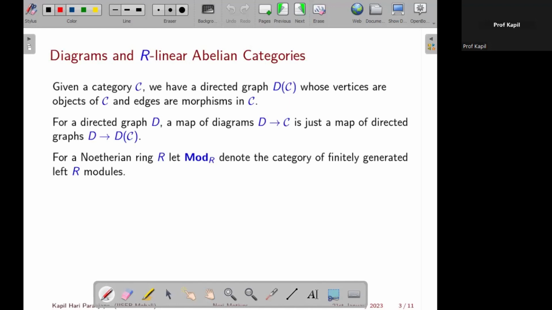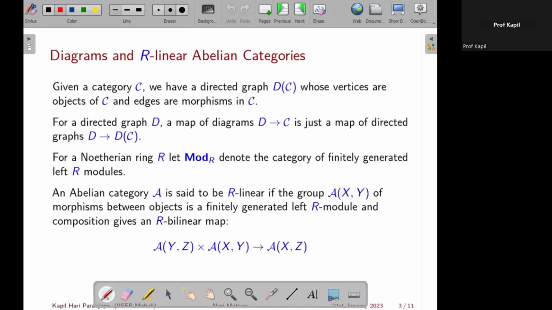Okay. For a Noetherian ring R, we let mod R denote the category of finitely generated R-modules. Note, this is important: it's going to be finitely generated, and the fact that R is Noetherian is going to be important. I mentioned this last time.